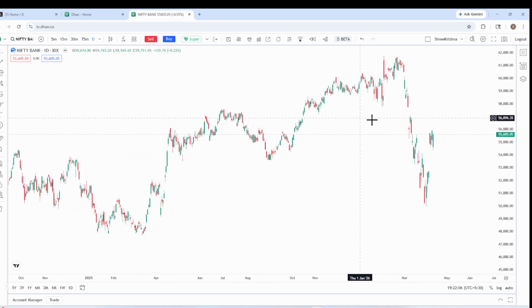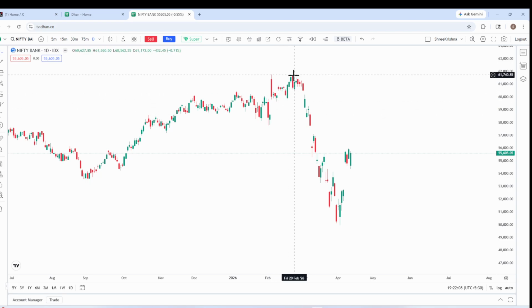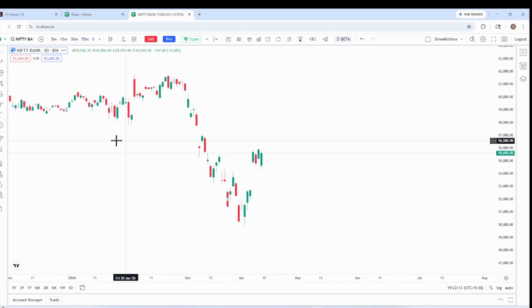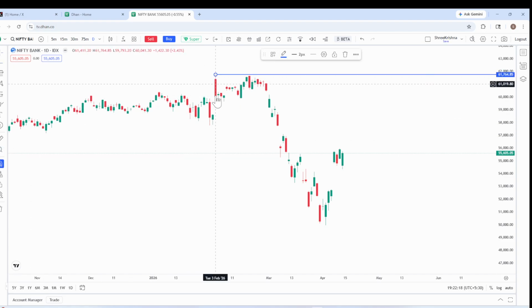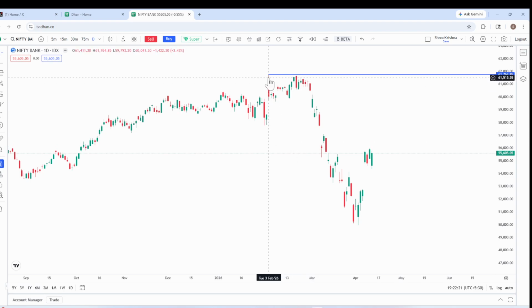Now note this very quietly. The impulse started from this point, from this peak. So that was a peak, and what it made is A, B, and C. Then it made A, B, and C. Then from here it made an impulse, A, B, C correction, break of that.